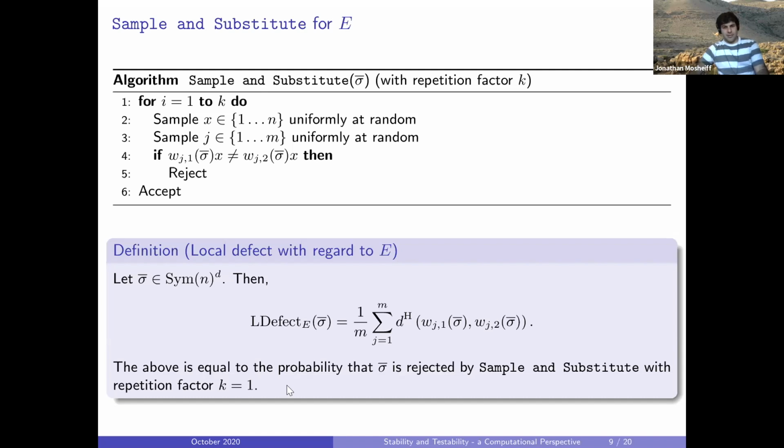So just as before, understanding which systems E are testable is equivalent to getting lower bounds on the local defect. It's the same thing.